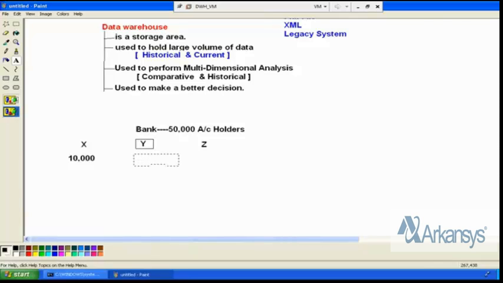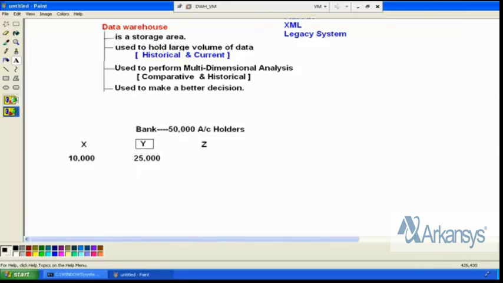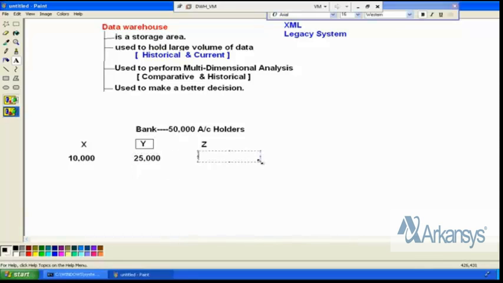From Y region, 25,000 customers are there, and from Z region, approximately 15,000 customers are there.